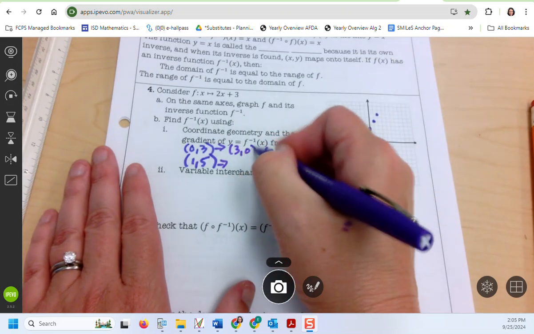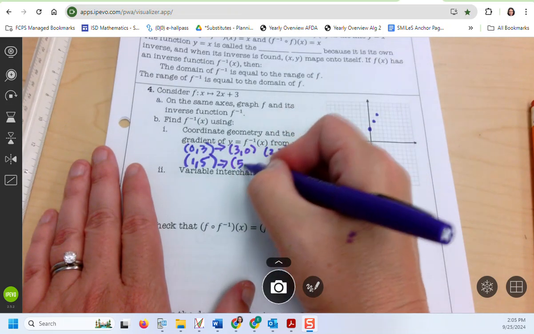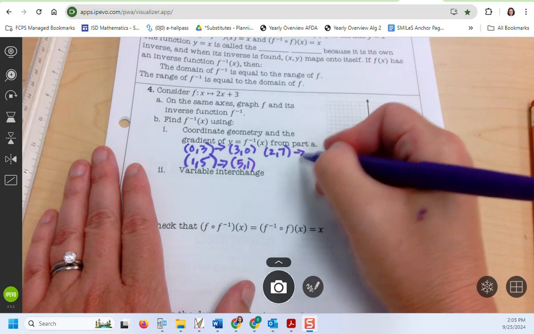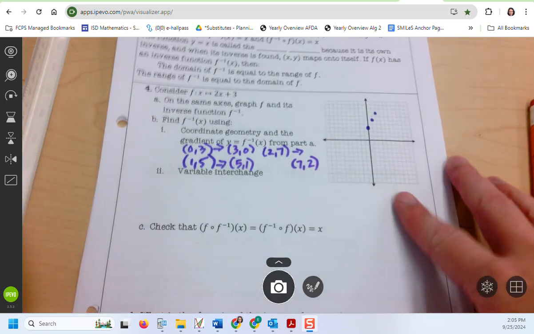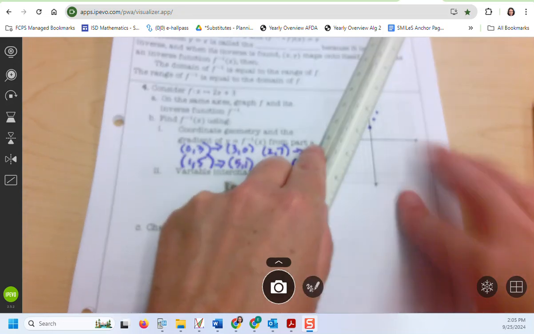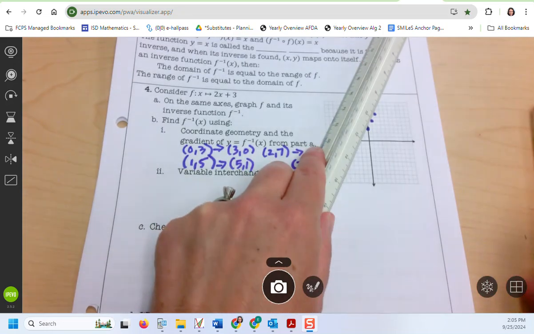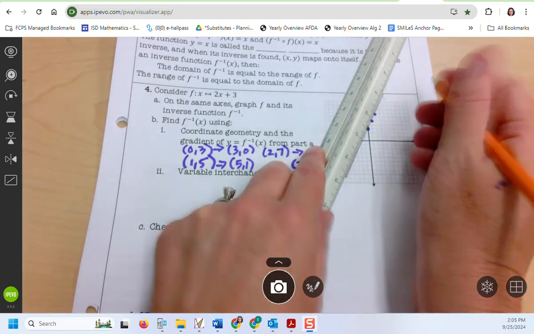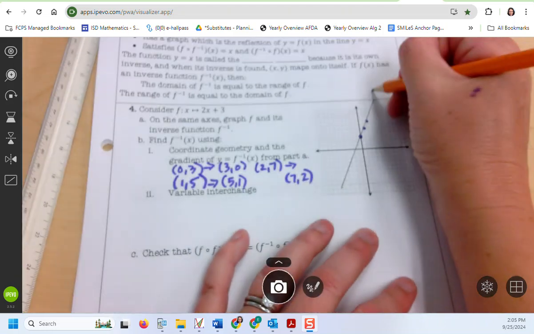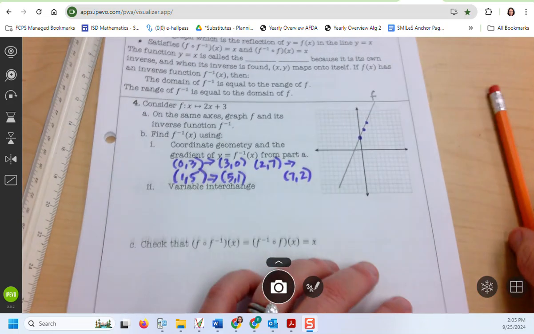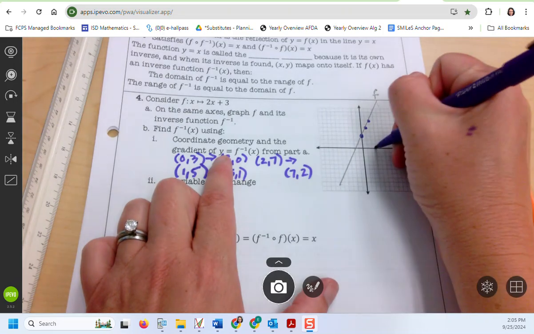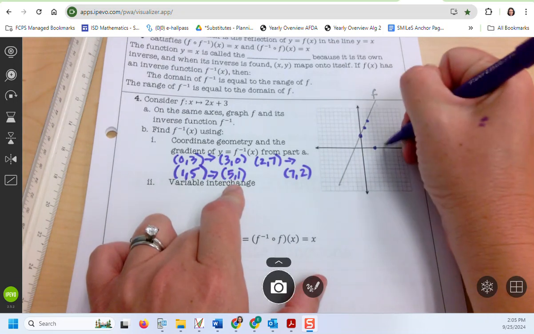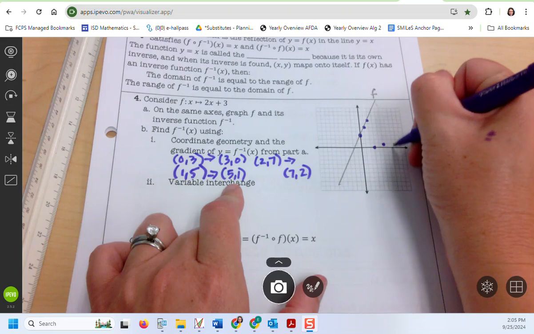That's why my line was a little bit off. 5, 1. And 7, 2. Okay, so let me draw this line, and then I'll draw the inverse. So that's f. And then the inverse is when you switch them, and so I should have 3, 0, 5, 1, and 7, 2.